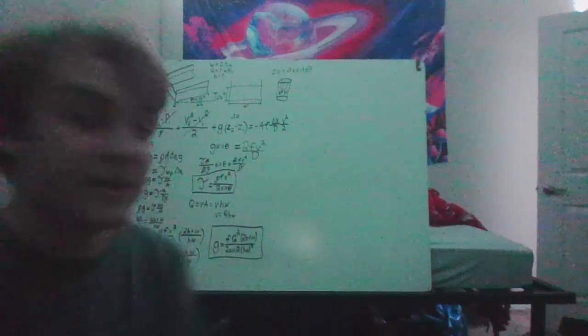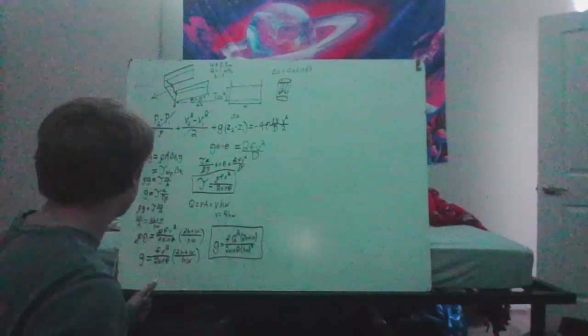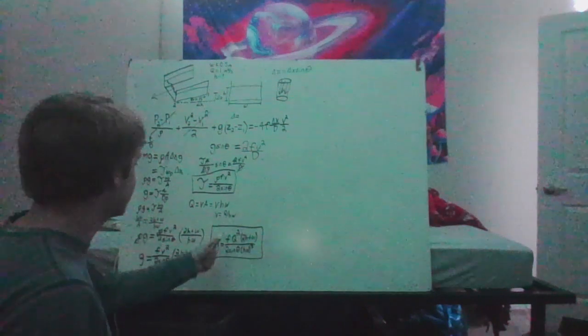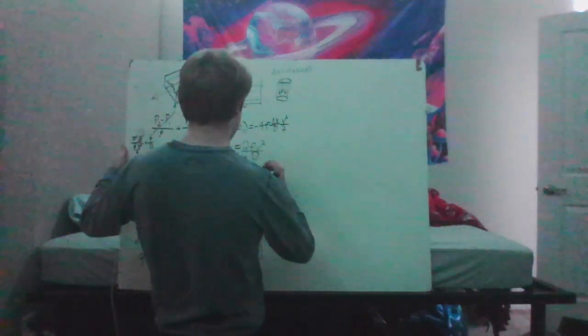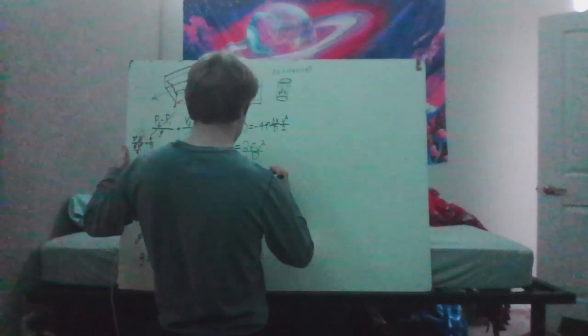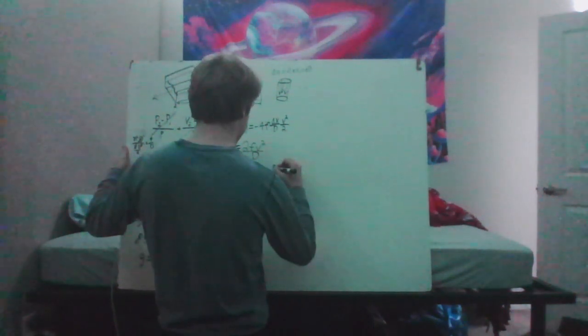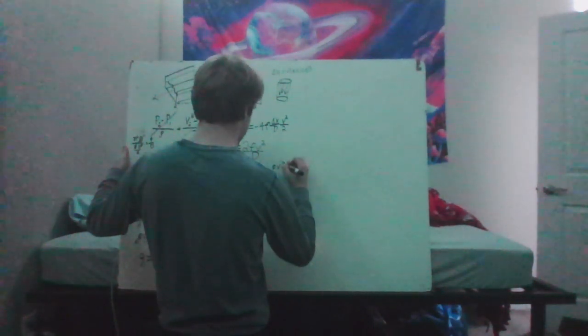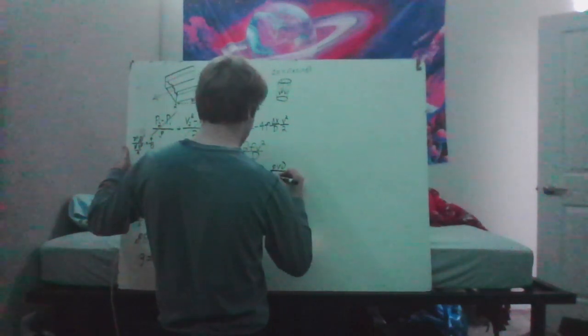So one final thing that we need to worry about is this Fanning friction factor, f here. So we're going to need the Reynolds number, which again is rho vD over mu.